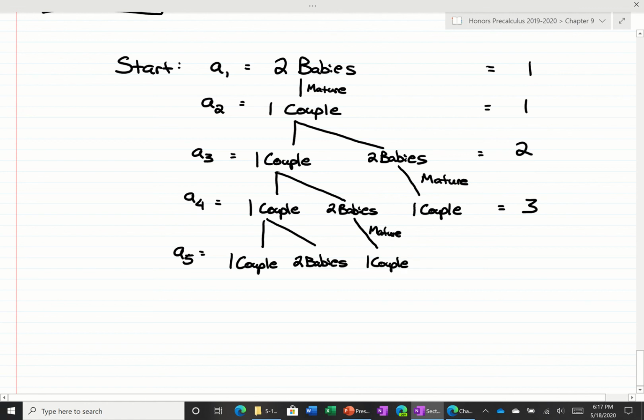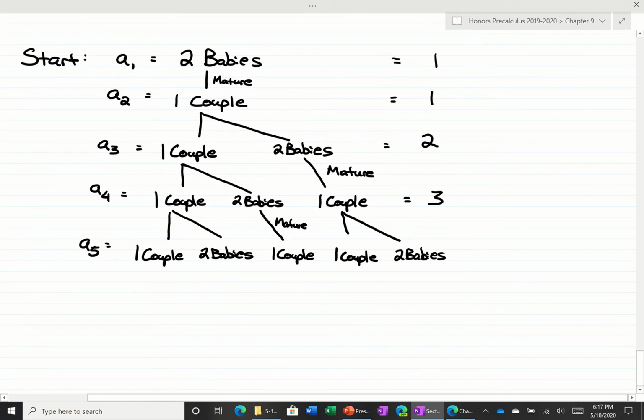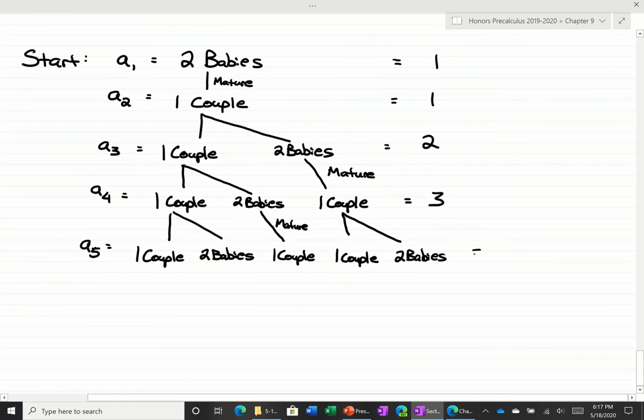The couple from the last year, they still move on to this year, but because they were sexually mature last year, they actually created two babies. So if you look, the box is getting a little bit crowded. We have 1, 2, 3, 4, 5 sets of two bunnies.